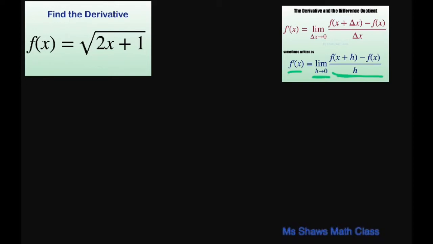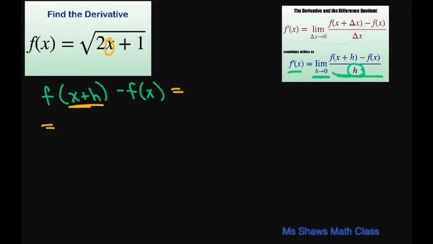So what I want to do first, so I don't have to deal with the denominator right now, is just look at the numerator. That would be f of x plus h minus f of x. And make sure we can do that properly. Basically all you're doing is substituting x plus h for x.